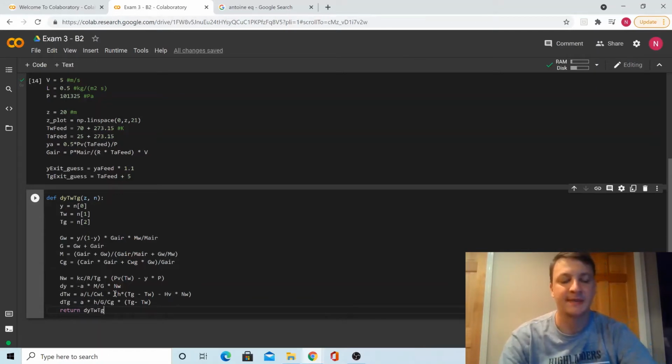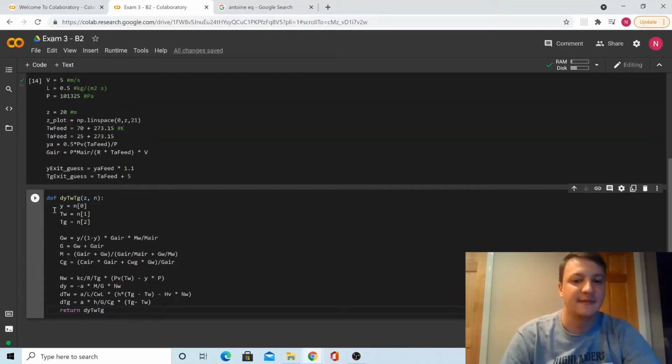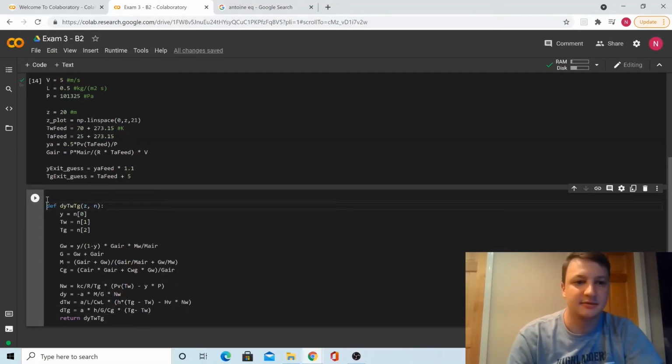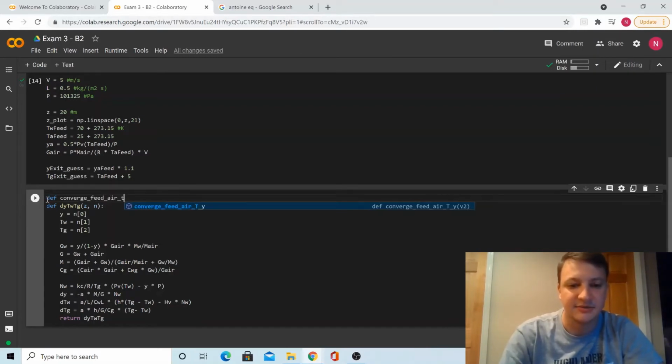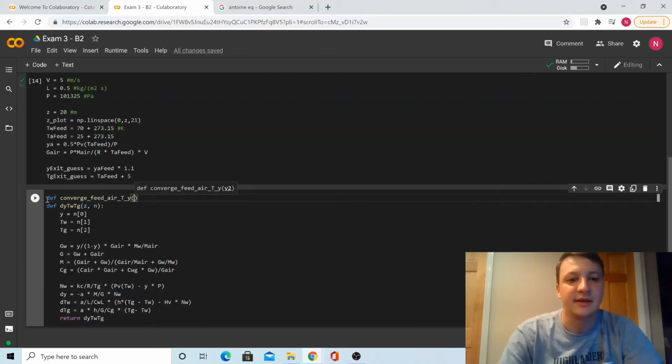After that, the next step, we're going to have to converge the equation. So we're going to go before that, and we're going to have another defined function, which is going to be converge, feed of the air, temperature, and mole fraction, and that's going to be set again to the random variable n2.